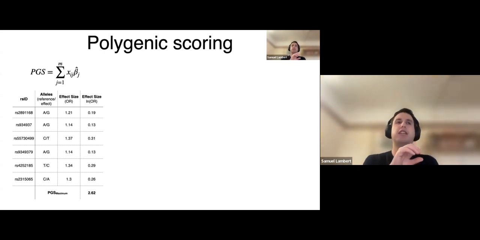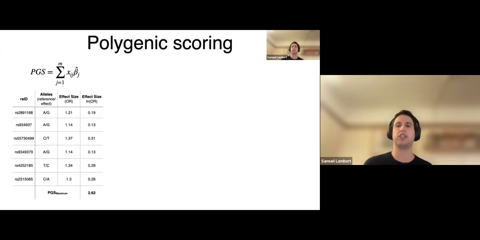You have the variant information, so it's RSID or chromosome position, the alleles, which allele causes an increase or decrease in risk for the trait, and then the effect sizes. Usually it's an odds ratio if it's a disease, but then in an additive linear space, it's the log odds ratio.